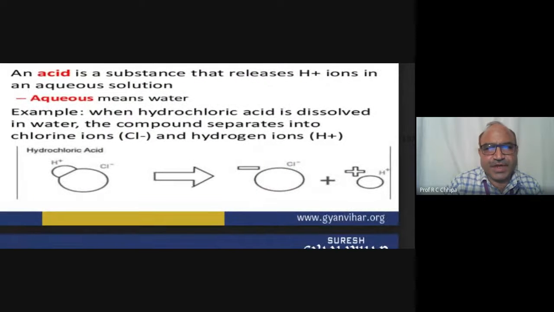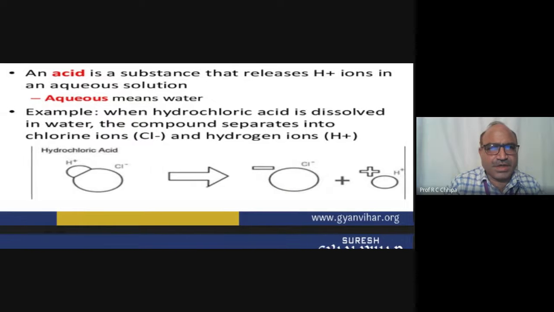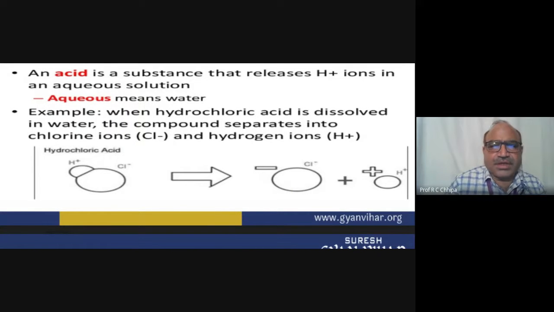Various examples: first of all, we take hydrochloric acid. Hydrogen and chlorine dissolved in water. In hydrochloric acid, the compound separates into the chloride ion and hydrogen. What is the name of the chloride ion? What is the name of the hydrogen? So hydrochloric acid produces Cl minus and H positive.